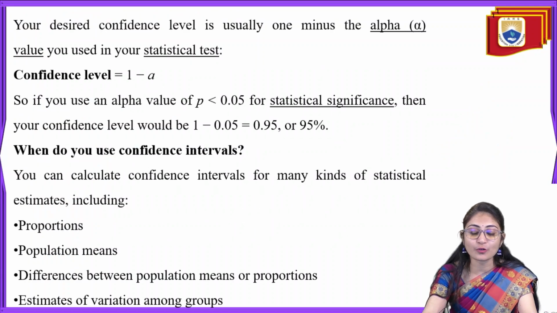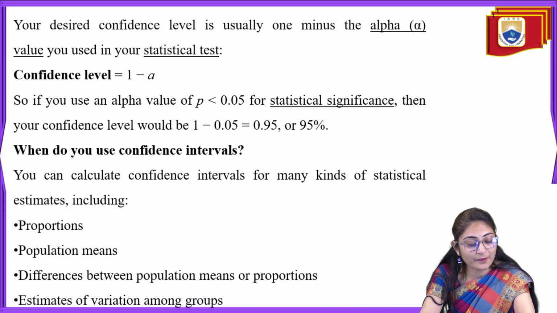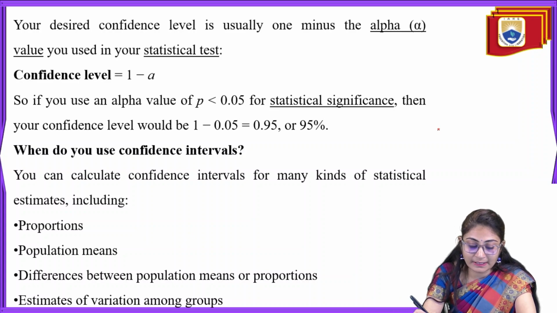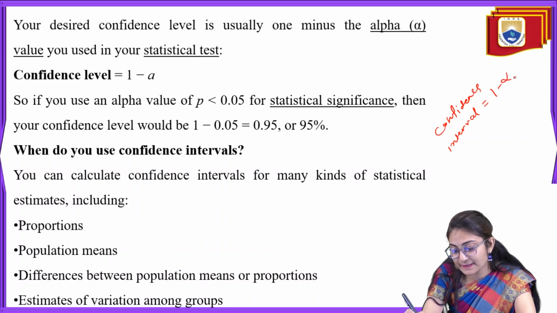Your desired confidence level is usually 1 minus alpha, the alpha value you used in your statistical test. So confidence level is equal to 1 minus alpha.